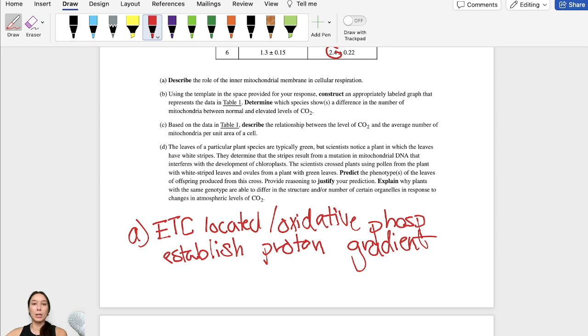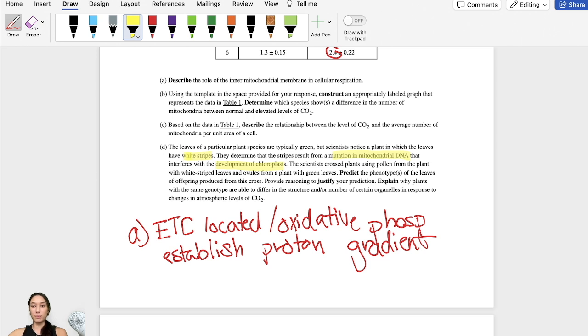Okay, so we've got some plants with white stripes. That's going to be as a result from a mutation in mitochondrial DNA. That's going to be very important, and it's going to interfere with the development of chloroplasts. Scientists cross plants using pollen from the plant with white striped leaves and ovules from a plant with green leaves.